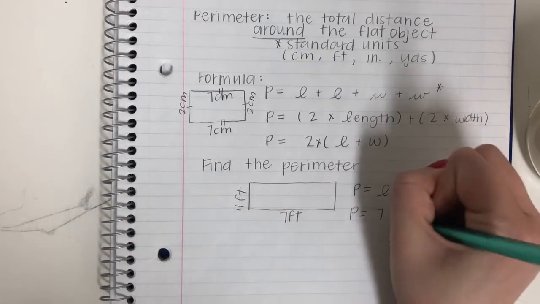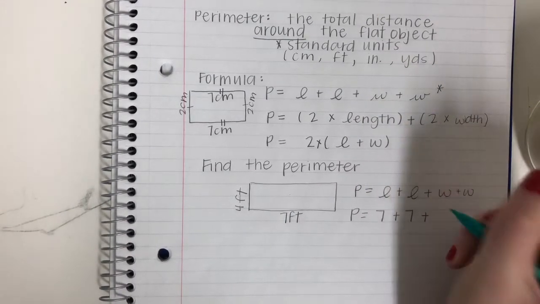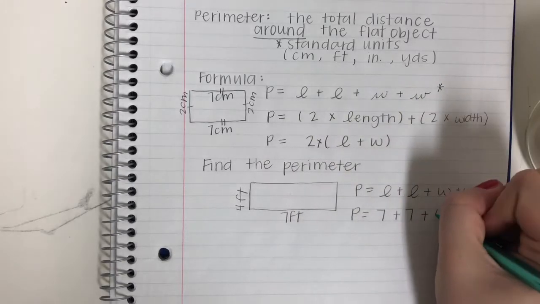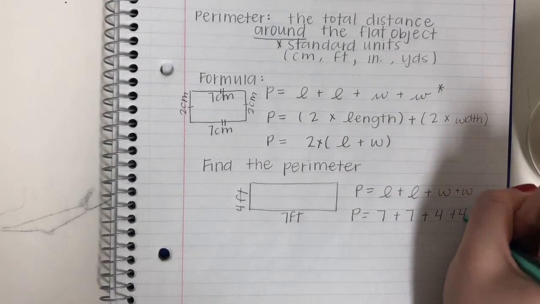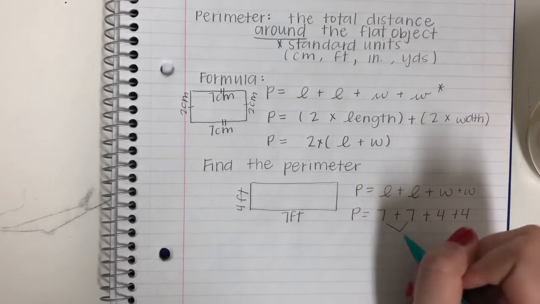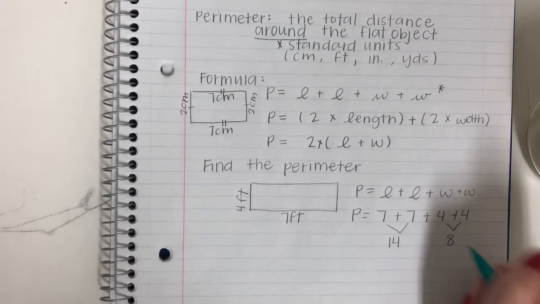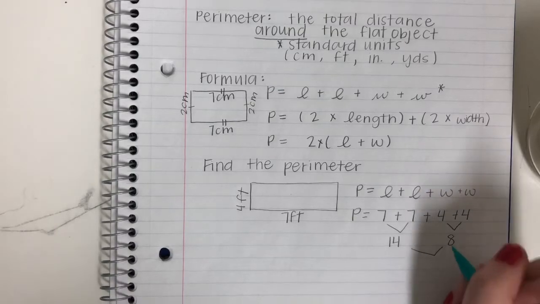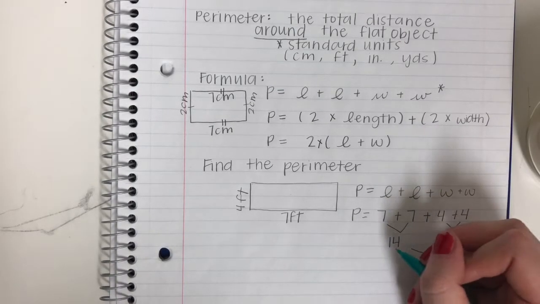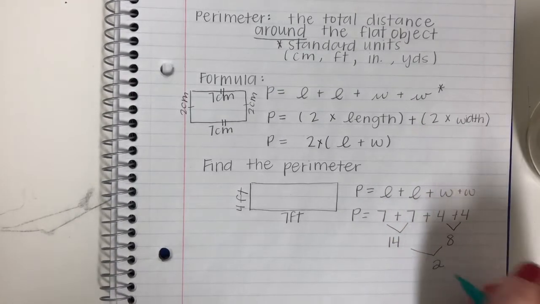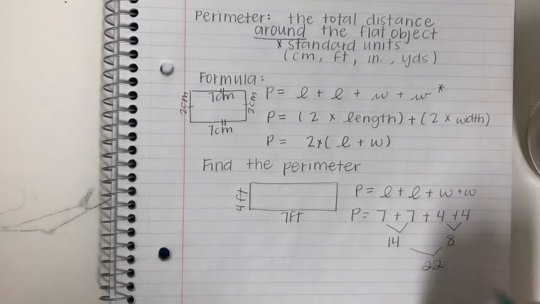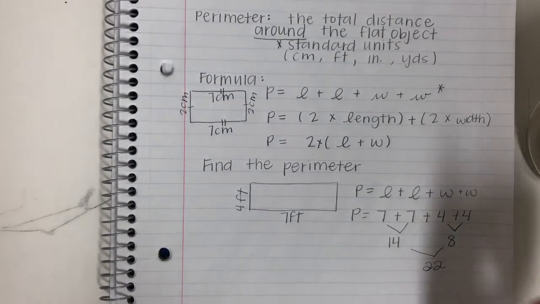So it's going to be 7 plus 4 plus 4. I'm going to add these up. I got 11 here and 8 here, and then keep adding. 11 plus 4 is 15... So I get 22 feet.